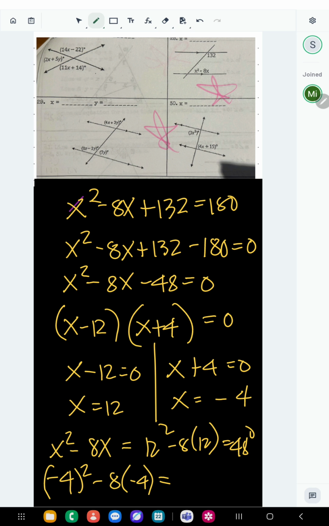So this is 16 plus 32, 48. That's the same. So x could either be 12 or negative 4. And 48 plus 132, they add up to 180. Yeah, I think we got the correct answer.